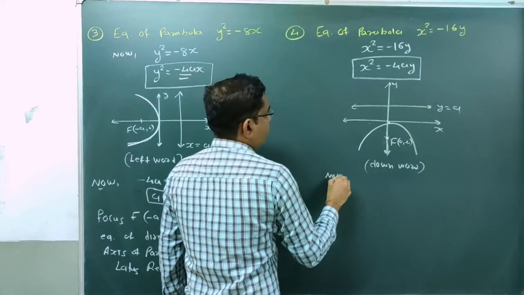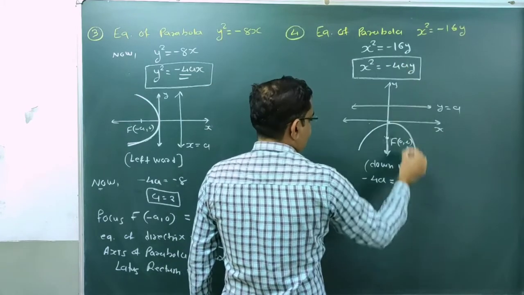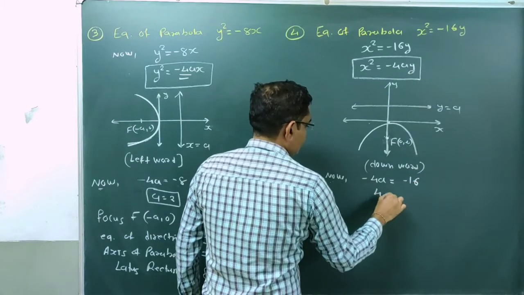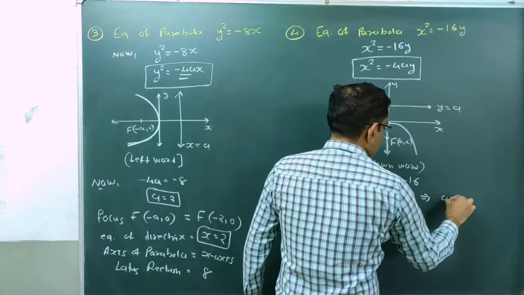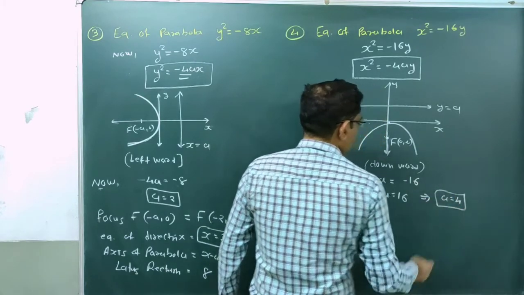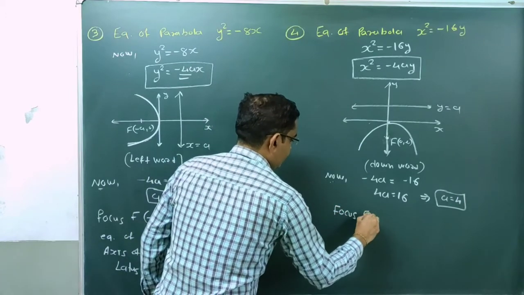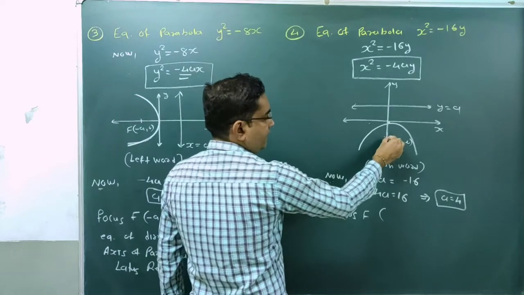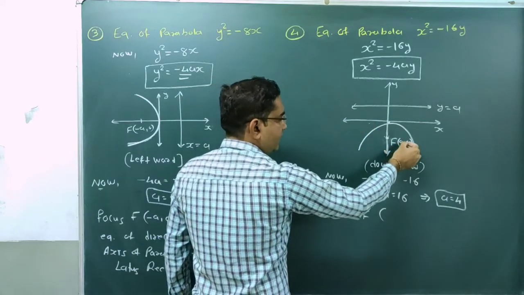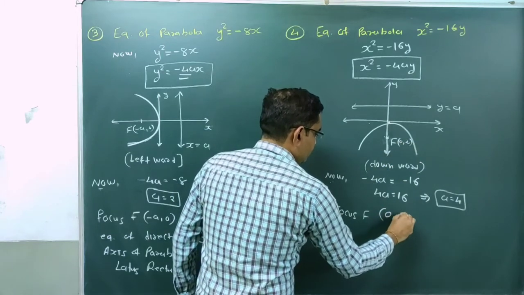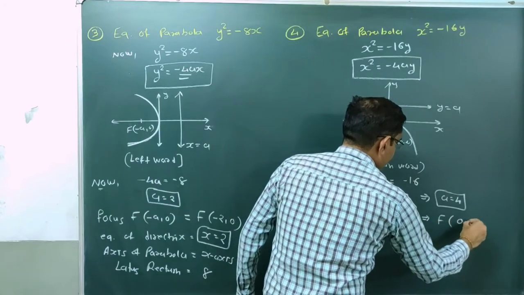Done? So now compare this coefficient of y. On comparison, we are getting minus 4a equal to minus 16, and therefore 4a equal to 16, which implies a equal to 4. We only need to find a. So now we can write the answer. Focus F lies on y-axis, whose coordinates are 0, minus a, and therefore coordinates of focus are 0, minus 4.